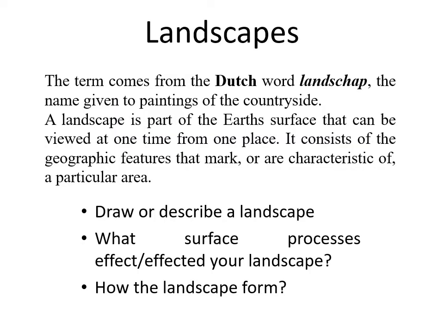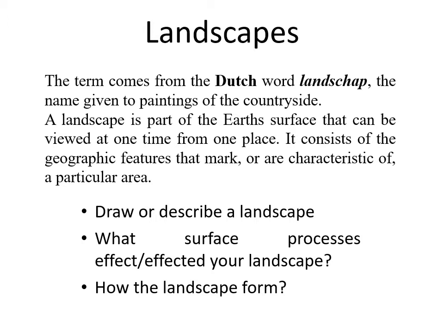When you are trying to learn geomorphology, the first thing that comes to your mind is the landscape, that is, the change over your surrounding things. The term landscape basically comes from a Dutch word, landschap.